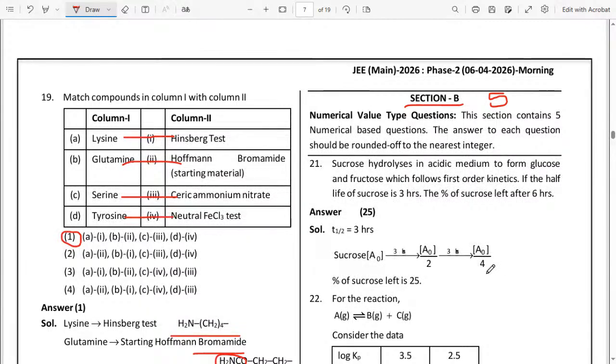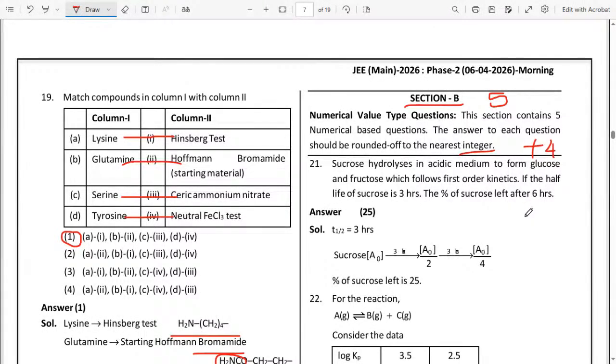So you have to enter the number only. To answer these questions, you will have a virtual keyboard on your screen while writing this exam. Using that virtual keyboard, you have to enter the answer. That answer must be a number, and you can round it off to the nearest integer also. So you have to solve these 5 questions of this section.